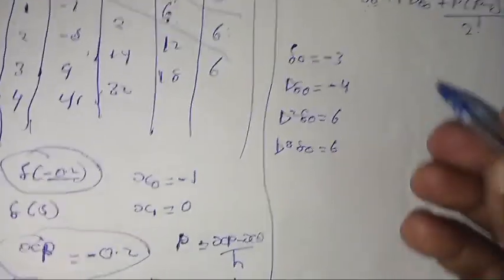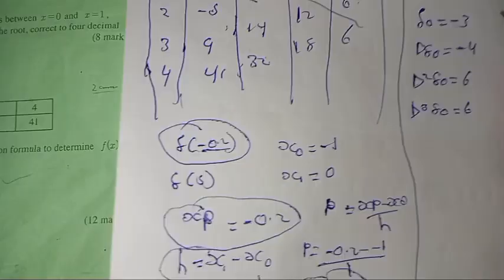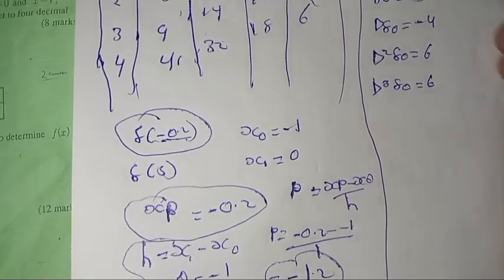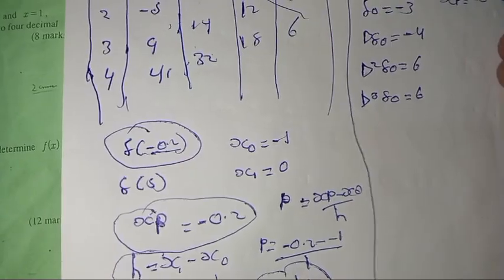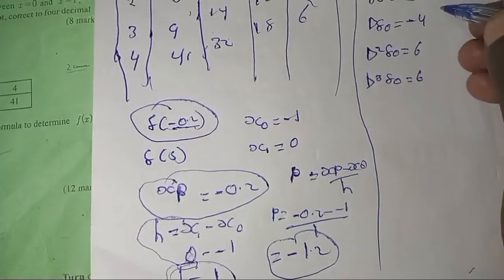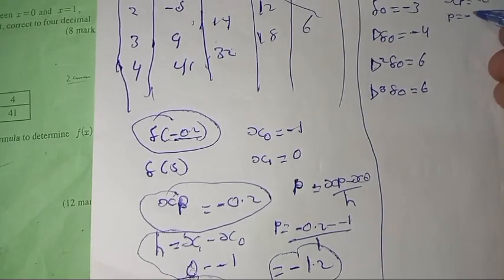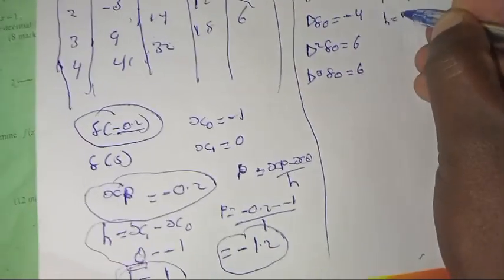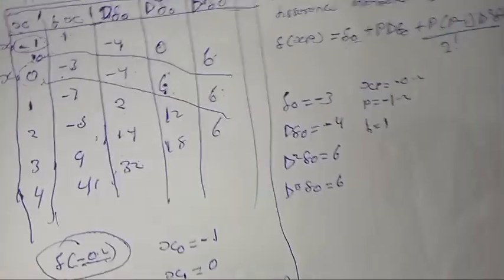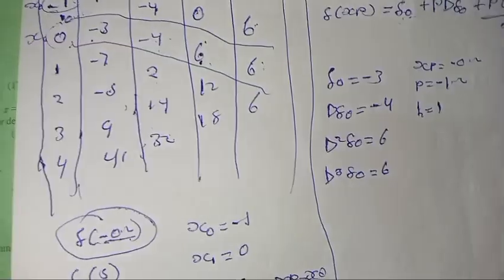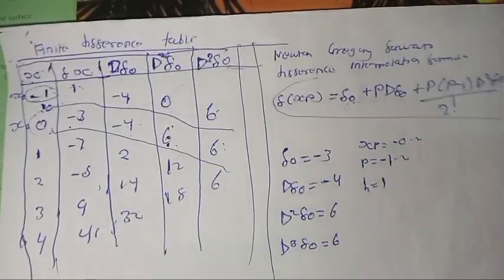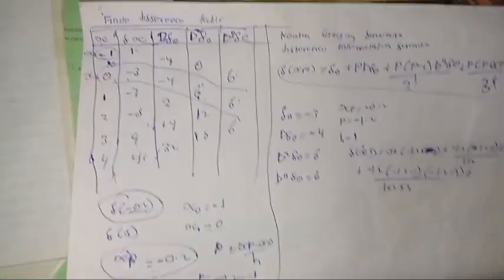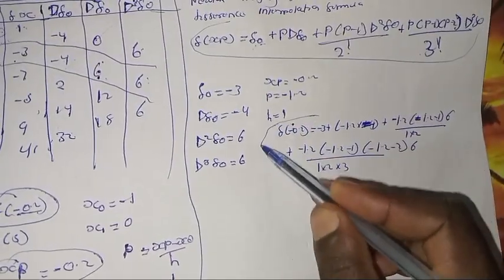We had earlier found that xp is equal to -0.2, p is equal to -1.2, and h is equal to 1. So we substitute this into the formula.